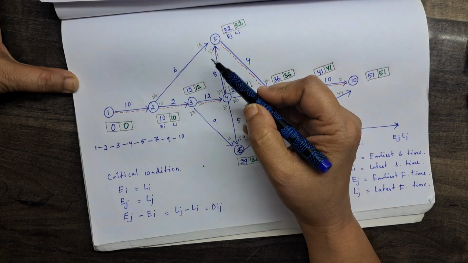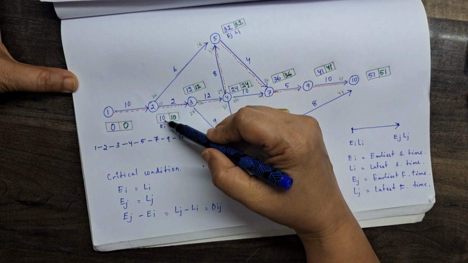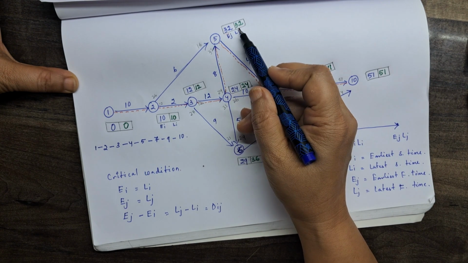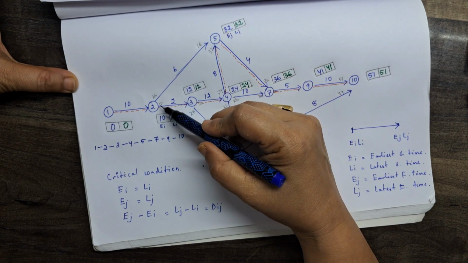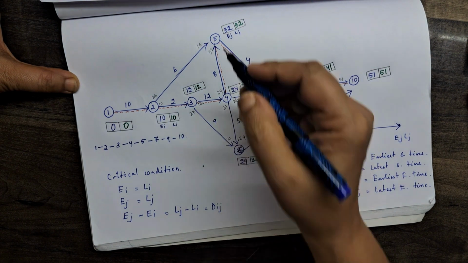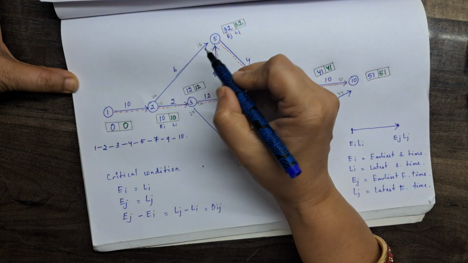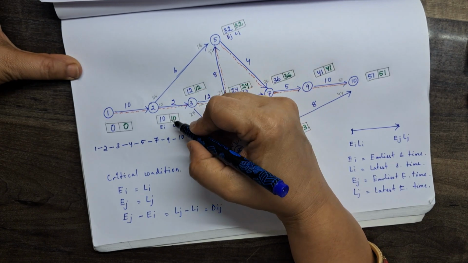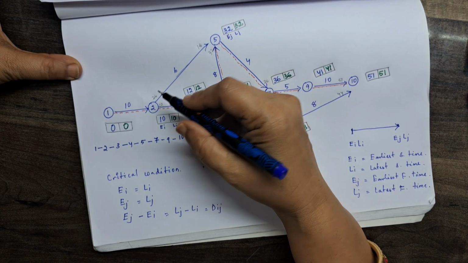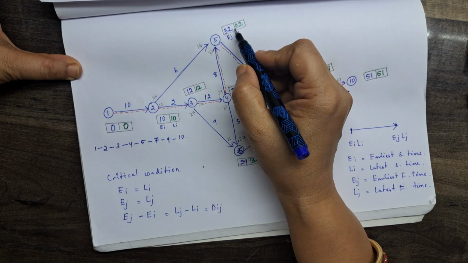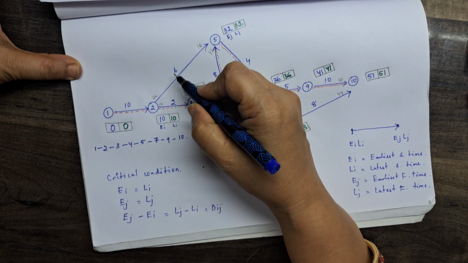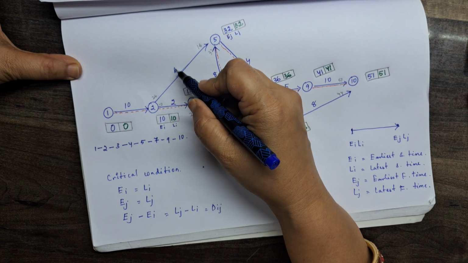Here EJ minus EI is equal to LJ minus LI. That should be equal to Dij, but this is not equal to Dij because this value, 32 minus 10, is coming 22, but this duration is 6 as given here.